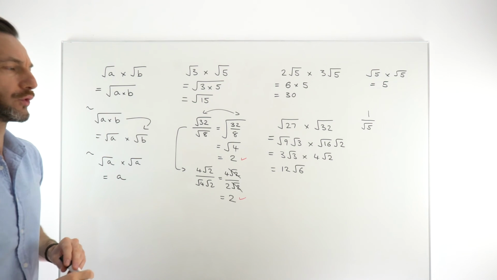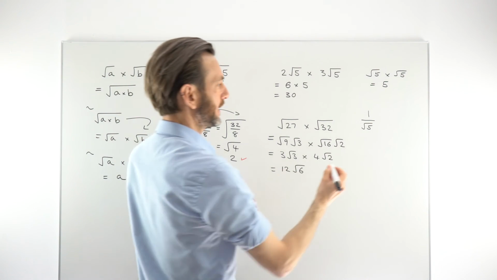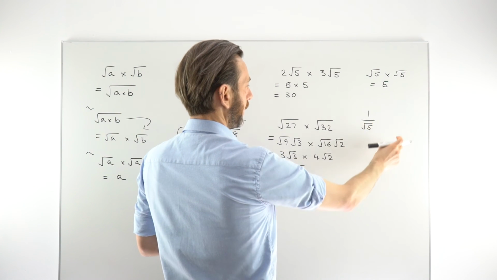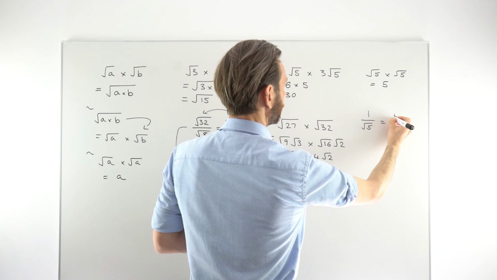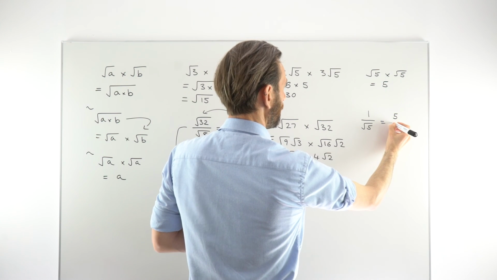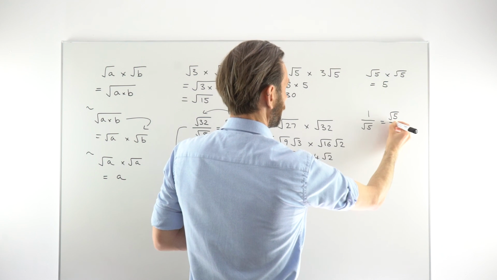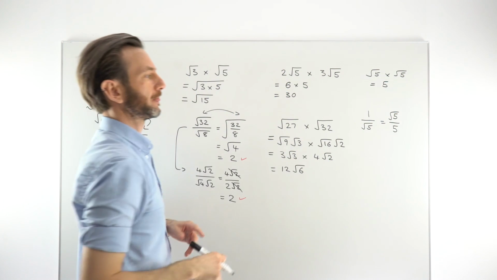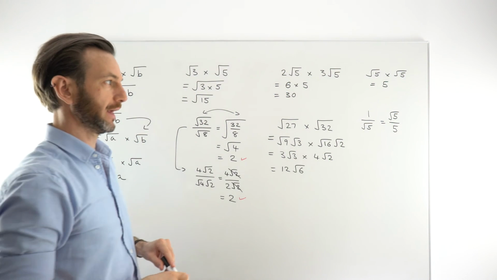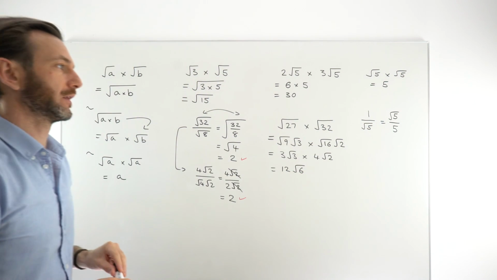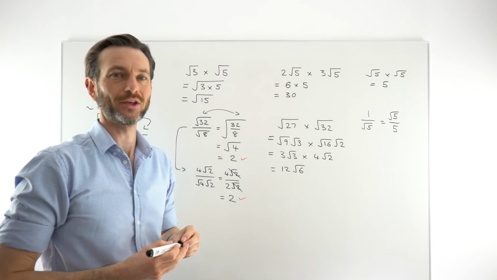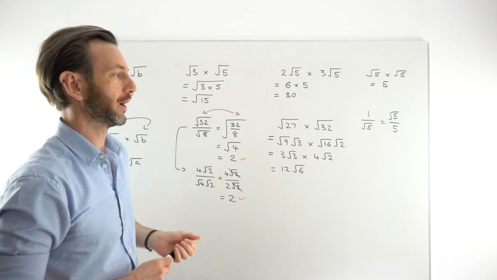We don't like to have roots like that on the bottom of a fraction, so there's a technique for turning that into a fraction, which actually in this case it ends up being root 5 over 5, where we flip it in a certain way, and it's called rationalizing the fraction. So that's quite an important technique, but we're not going to discuss that in this class. You'll need to check out another class to get information on how that one works.